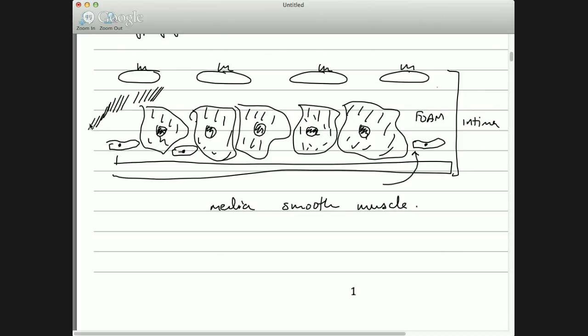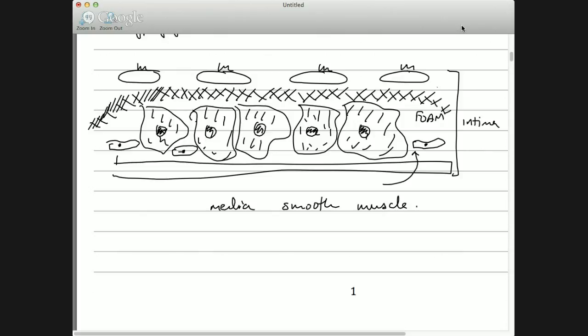So what you end up getting is a fibrous cap made out of collagen. Now this is your atheroma. Your atheroma gets bigger and bigger as more and more LDL gets deposited onto it, with more foam cells, more high lipid core, and this fibrous cap.